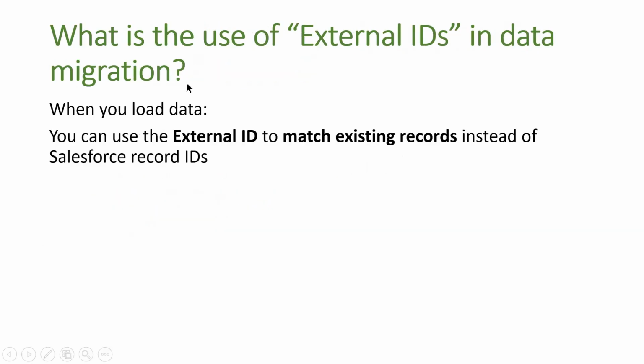The next question is, what is the use of external ID in data migration? Now let's say that you want to perform update or upsert operation. Now you know, when you're performing update operation or upsert operation, in order to match with the existing records, you need some field. You're going to match it with some field.